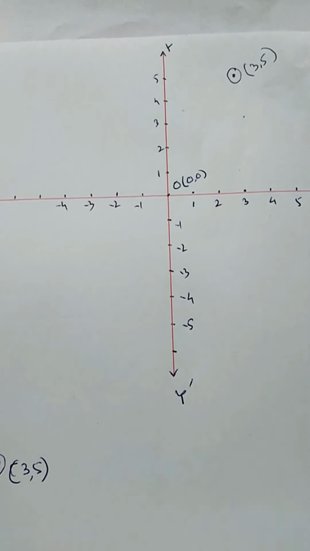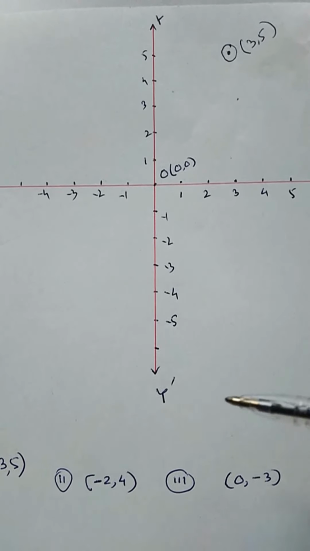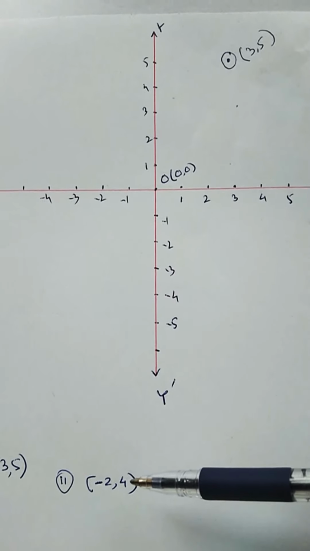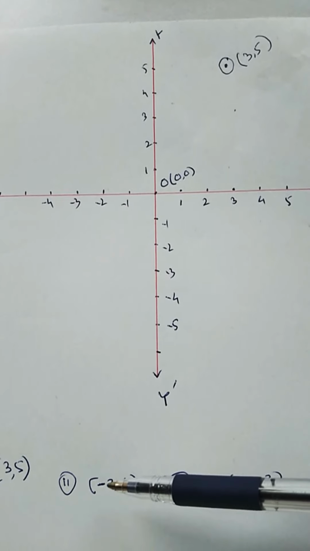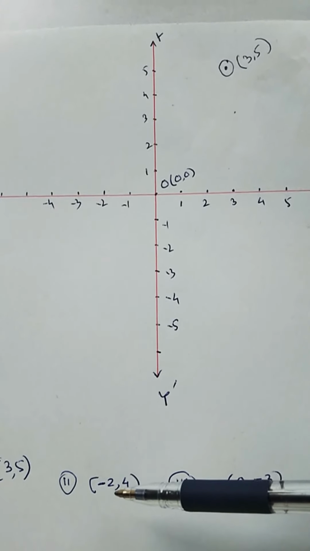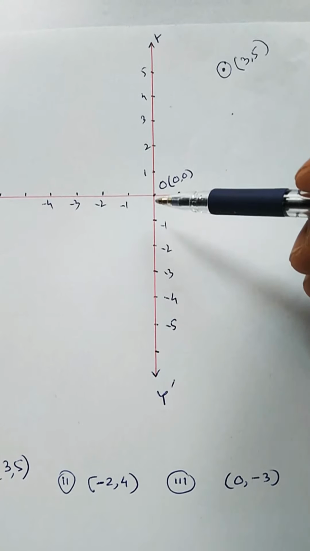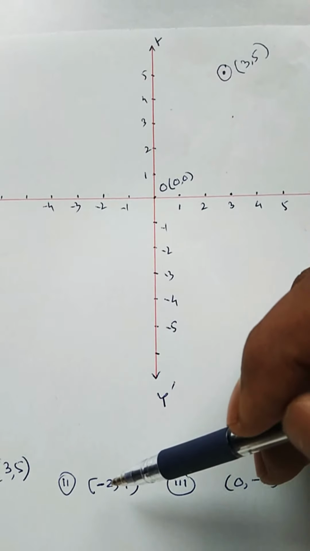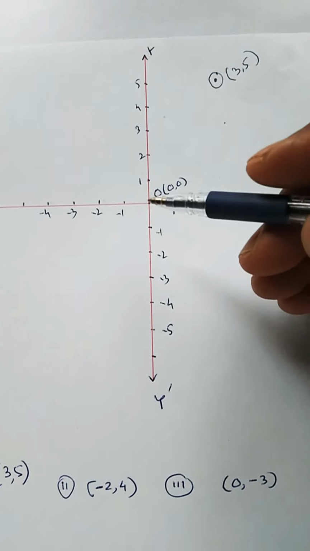Let us take one more example. Second example, we have taken minus 2, plus 4. So this is the x coordinate, this is the y coordinate. As in the previous one, we'll start moving from the origin 0. First we'll move for minus 2 along the x-axis. It means we'll have to move towards the left side.